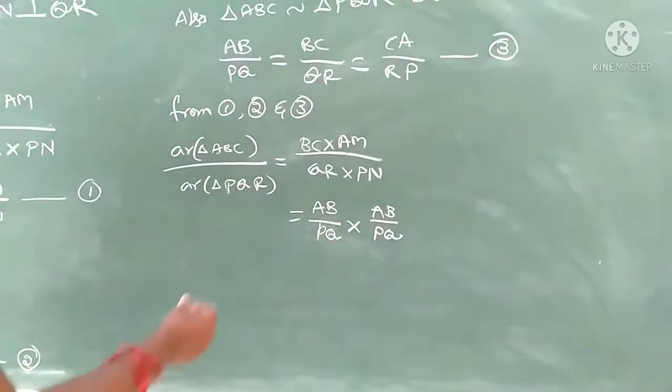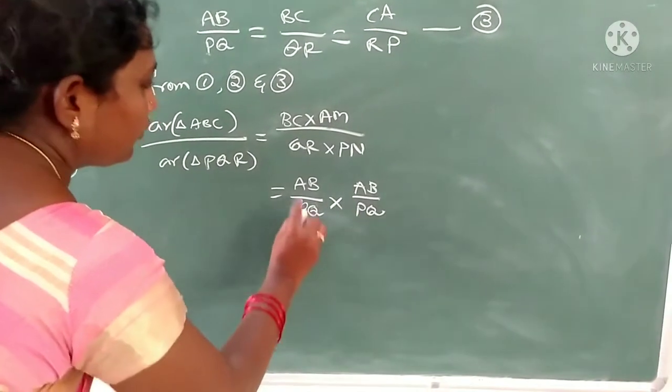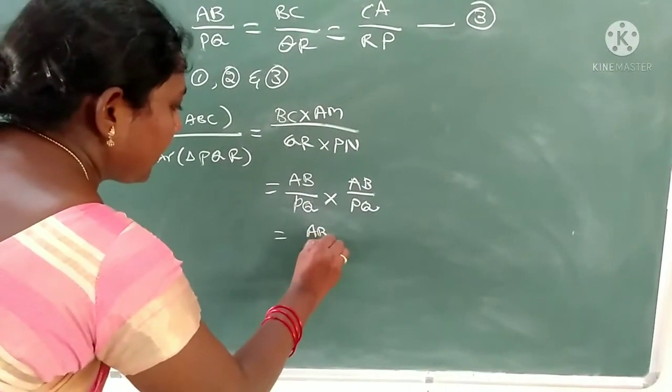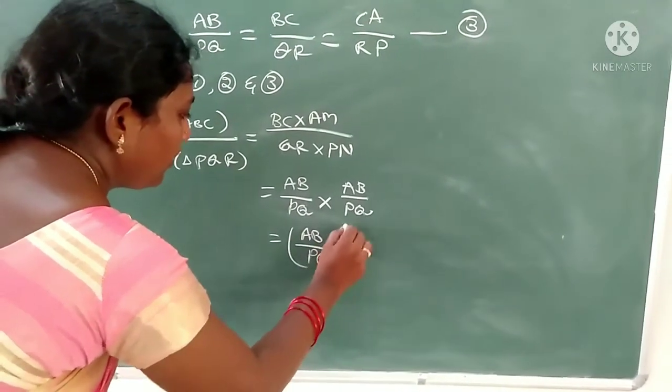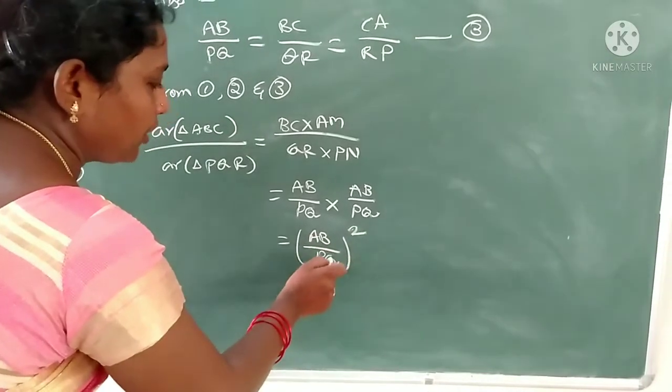We write the two values, which equal AB into AB by PQ into PQ, so AB by PQ whole square.